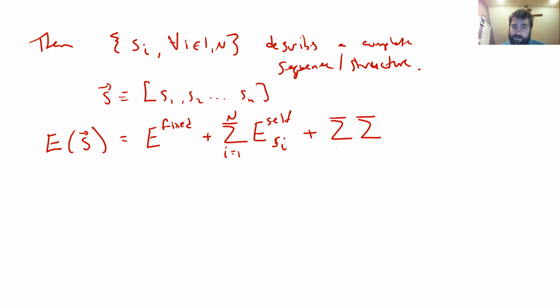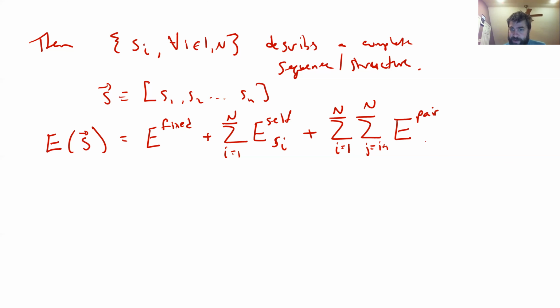i equals 1 to n, j equals i plus 1 to n. Starting the second sum at i plus 1 ensures that we don't double count. And then we write in this double sum what we're going to call a pair energy.